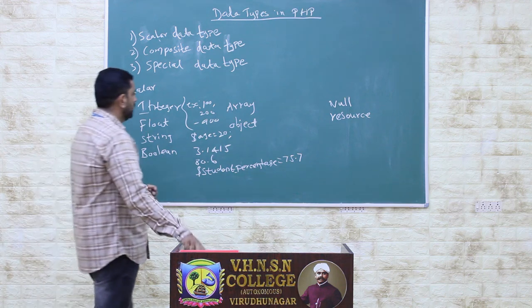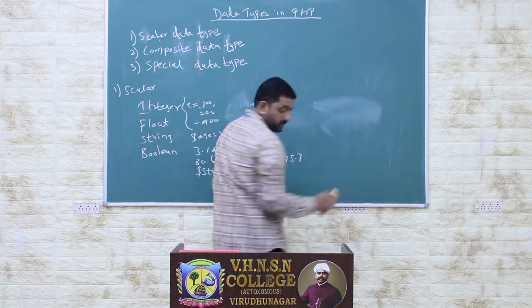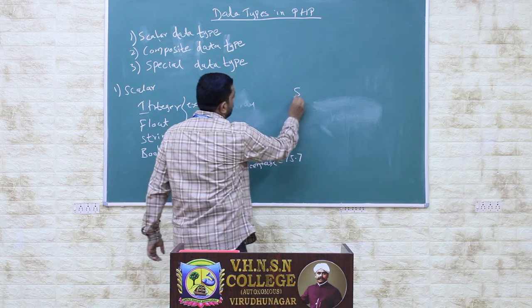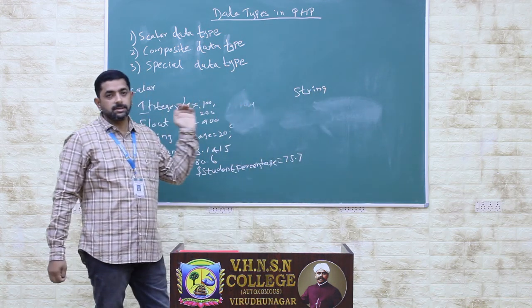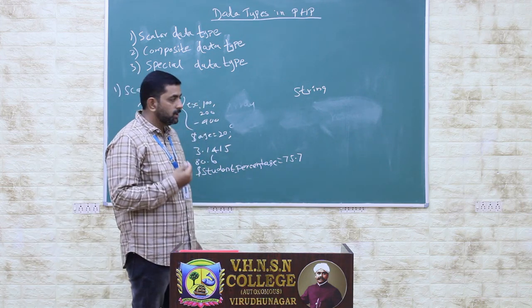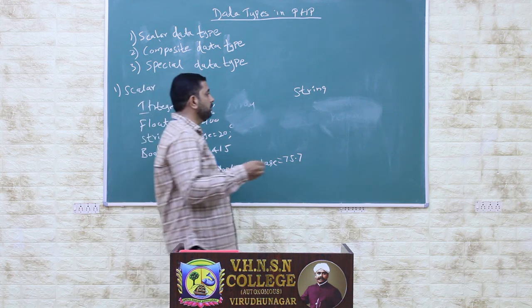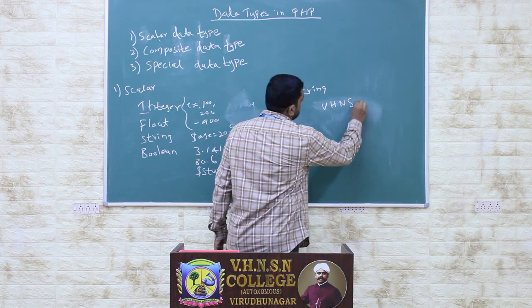Next one is string. String indicates a sequence of characters. For example, our student name or our college name may be considered as a string. VHN, SNC.